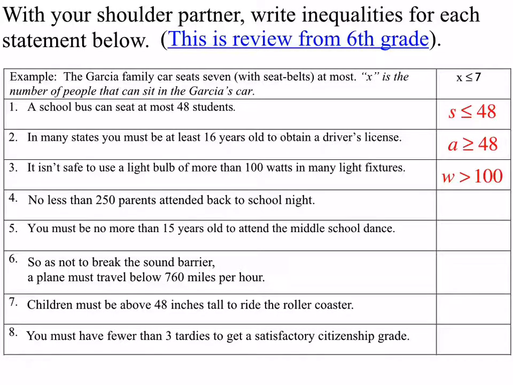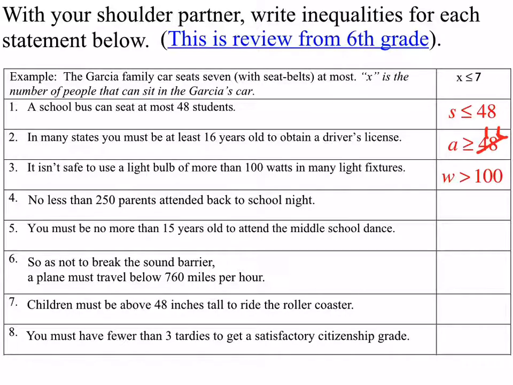I was interpreting it as when it's not safe. Okay? So if you interpret it as is safe, it would be like W is less than or equal to 100. Yes? For number 2, where does the 48 come from? I don't know. That should be a 16. Thank you. I'll fix that right at the end of this.